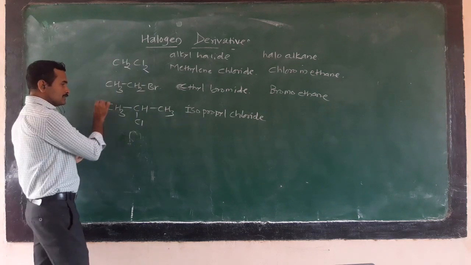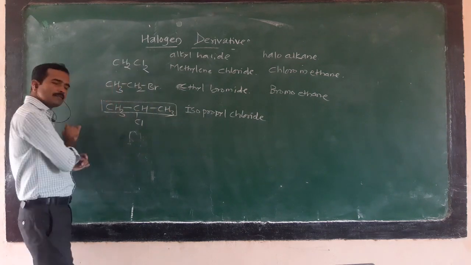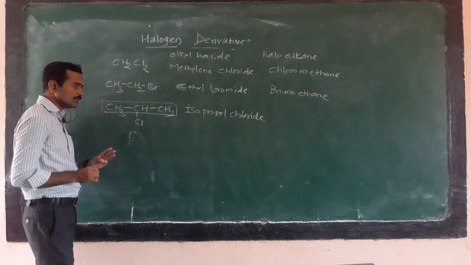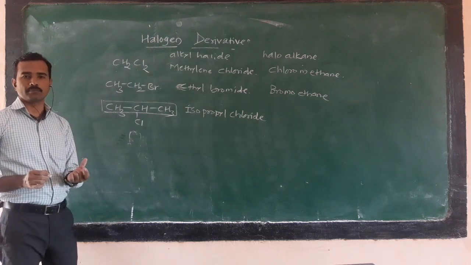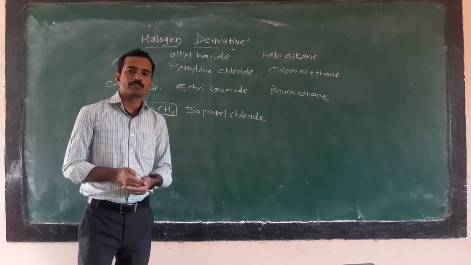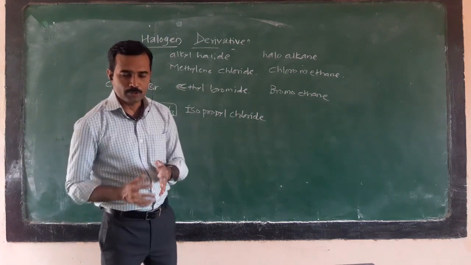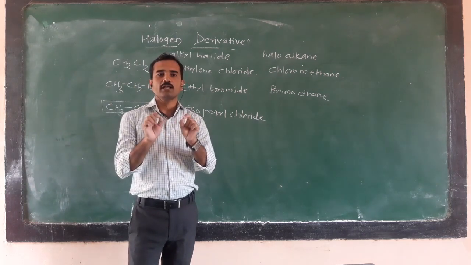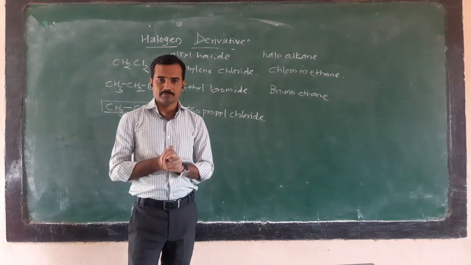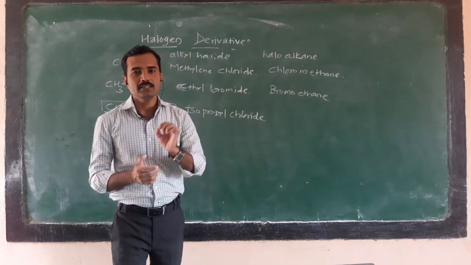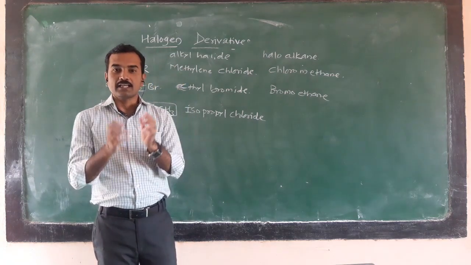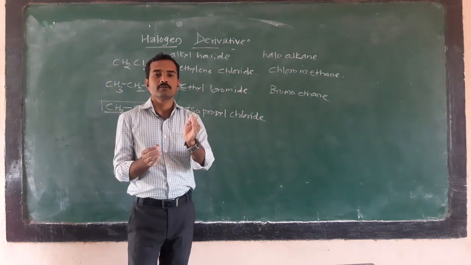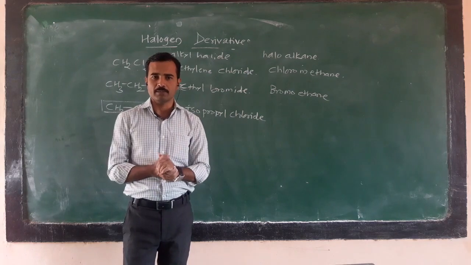We select the longest chain. How many carbons are here? 3 carbons. Numbering is done in such a way that the substituent has the minimum number. We revise the IUPAC rules. What is the first rule for the IUPAC nomenclature system? First is to select the longest continuous carbon chain. The second rule is that numbering is done in such a way that the functional group is attached to the carbon having the minimum possible number, that is the locant number.